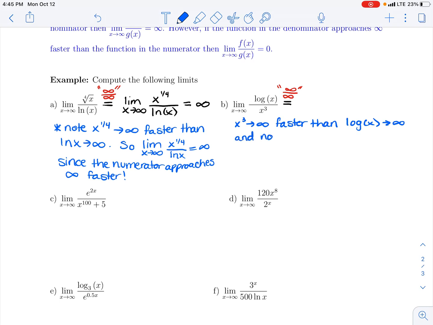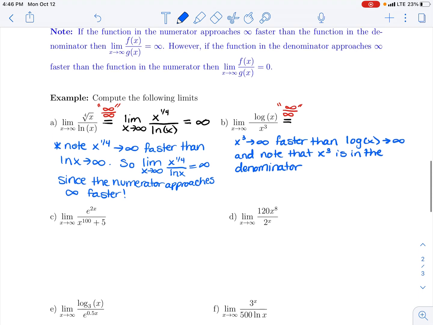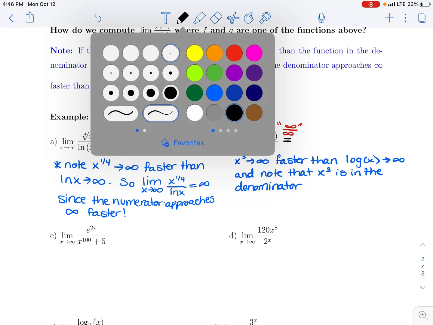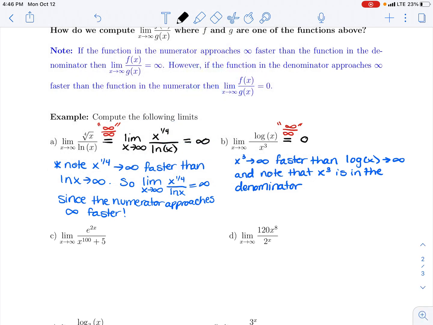And note that x cubed is in the denominator. All right, so now the power function is in the denominator, and that's what's dominating. Okay, and so if I have that the function in the denominator approaches infinity faster than the one in the numerator, again, remember here we see above that that is going to be equal to 0, and so we say that this is 0.